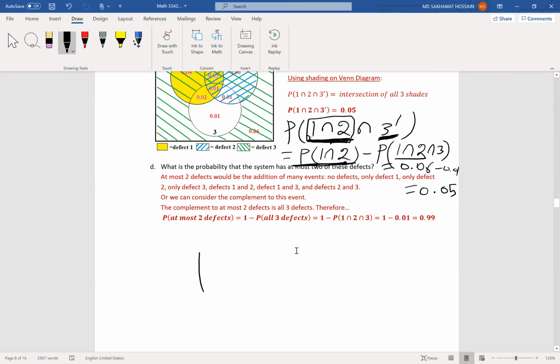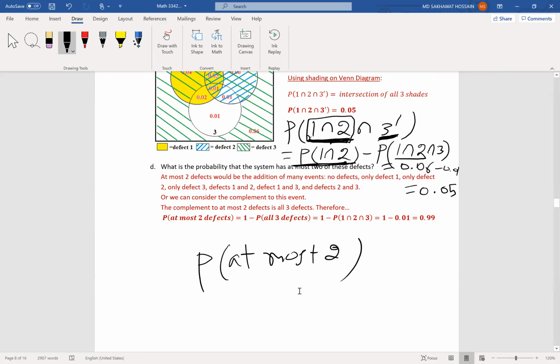So part D is, what is the probability that the system has at most 2 of these defects? That means maximum 2 defects. So what is the maximum defects the system can have?